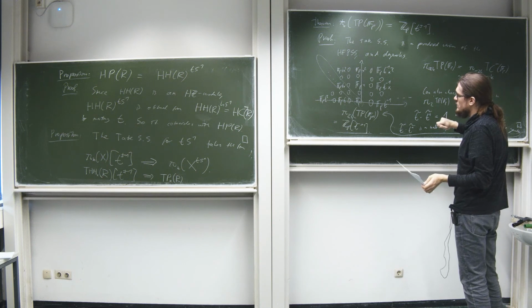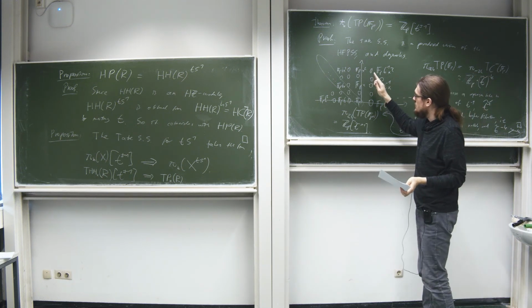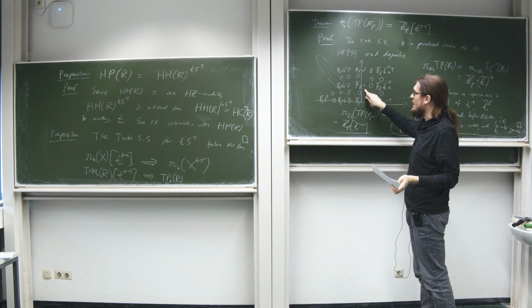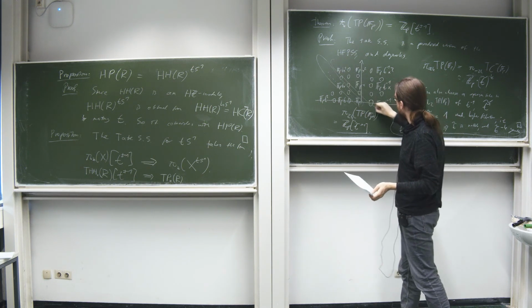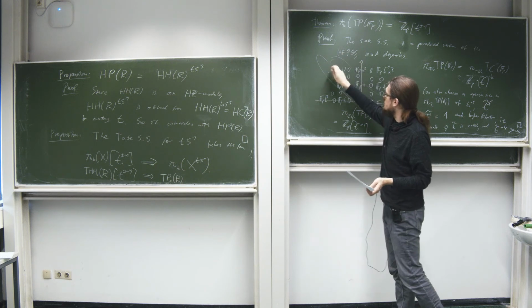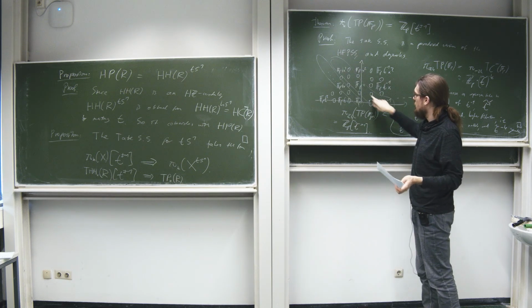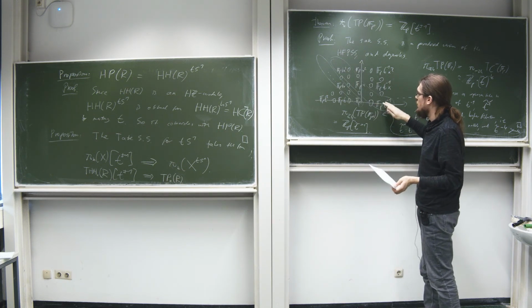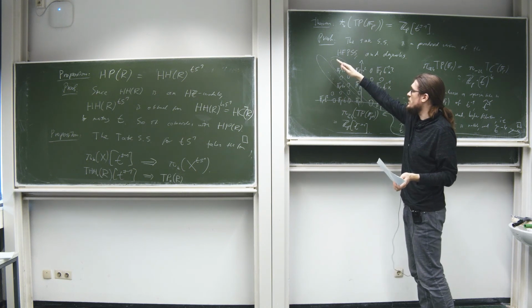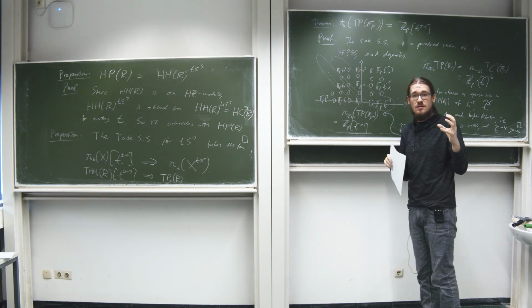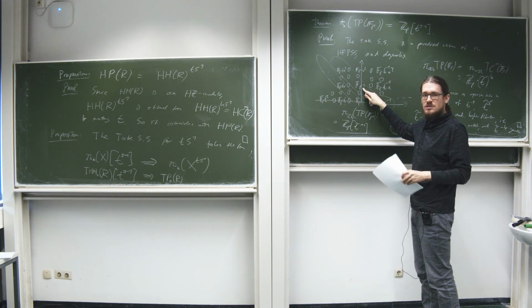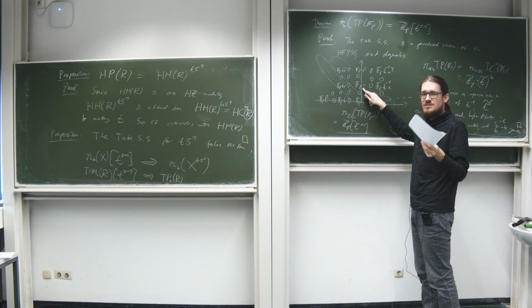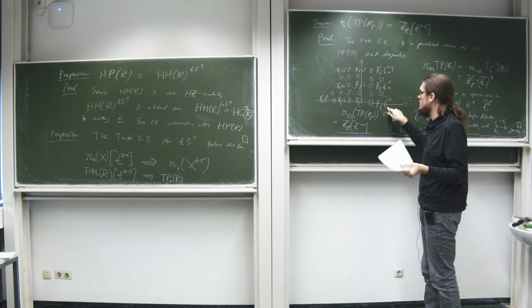But in positive degrees, TC minus is generated by this element X. And if you look here, this diagonal here, that's the associated graded of a Zp. The X lands in here, in filtration 1. So it's some unit multiple of p times T inverse.